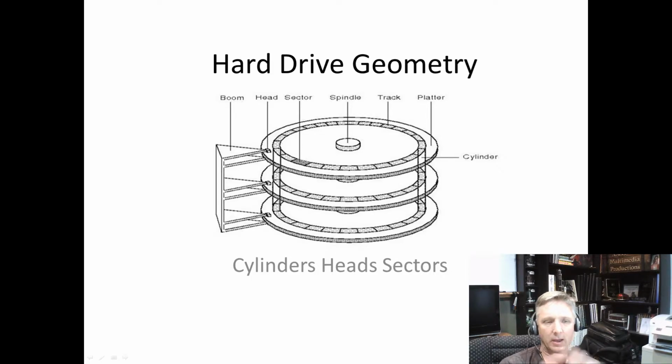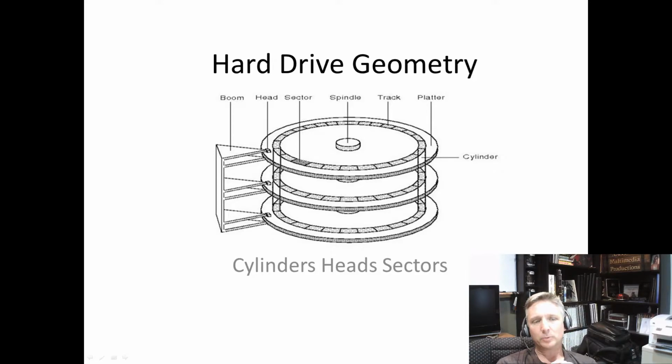These are metal platters that are magnetically coated and encoded. And at the manufacturer, they're going to determine a couple of things when they create these platters. They're going to determine the number of bytes per sector, the number of sectors per track, and the number of tracks per platter.